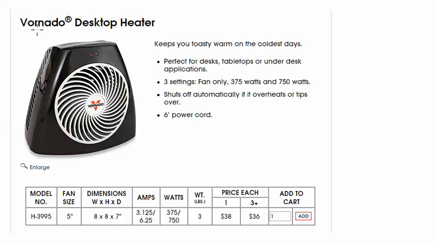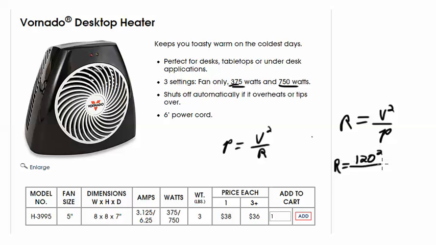So if we've got this Vornado desktop heater, we can actually calculate. Basically, we're swapping two resistors here. The power equals V squared over R, or R in turn equals V squared over power. So we're going to keep the voltage the same. In both cases, the resistance is going to be 120 squared divided by our desired power.